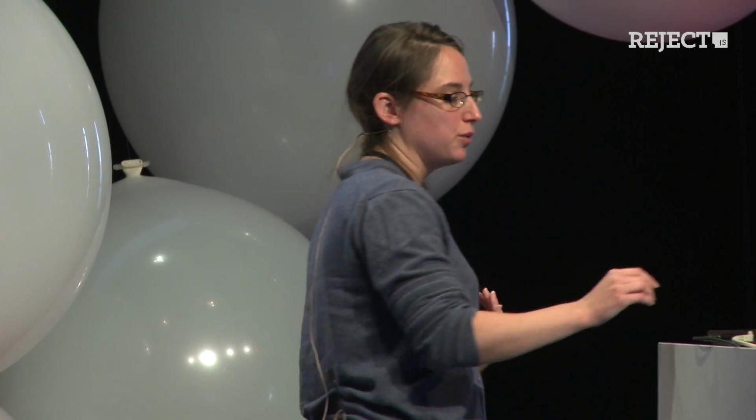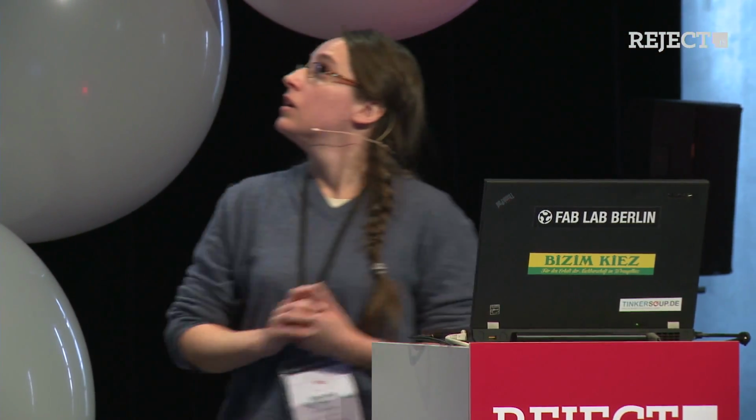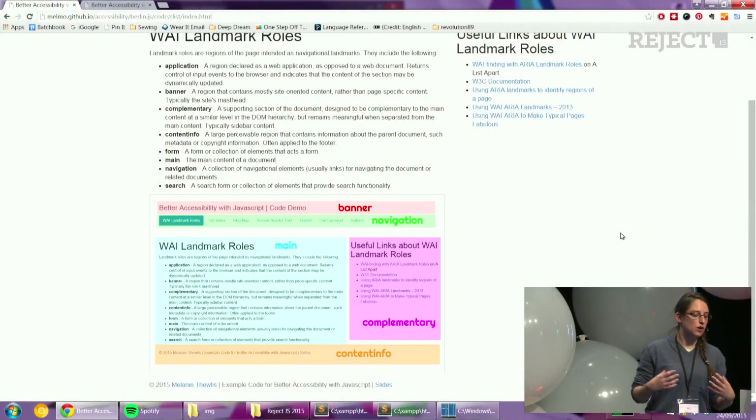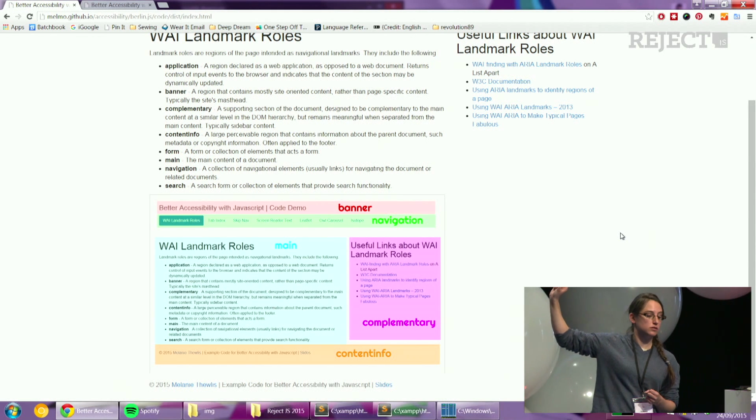We can start by marking up the various areas of our page with these things called WAI landmark roles. I'm just going to scroll down a little bit. This tells the screen reader, like VoiceOver or JAWS, what the semantic role of various parts of the document are.